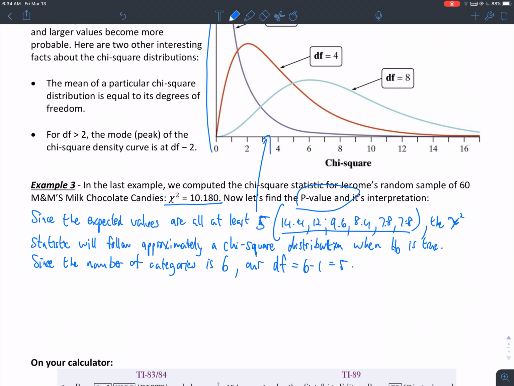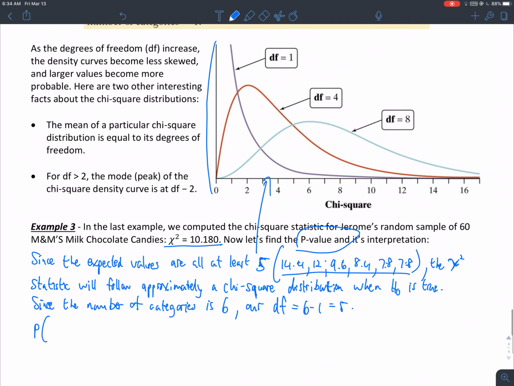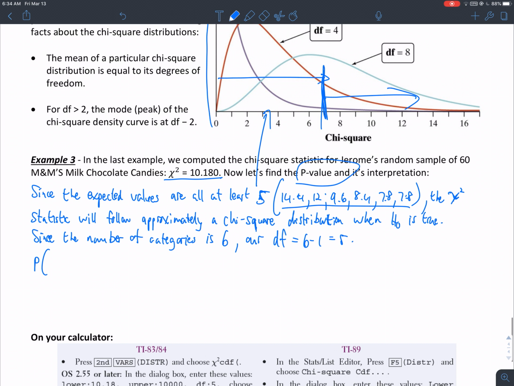What's the probability, and please check this out: chi-square is always greater than or equal to. We don't really do less than or equal to. We're always checking, here's my chi-square, and what's the probability that it's that big or more extreme. Chi-square is greater than or equal to the one we actually got, 10.18.